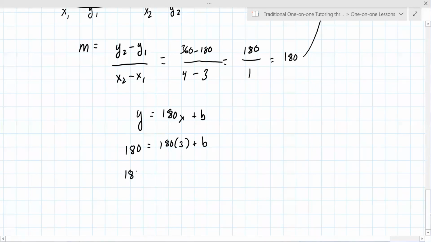So we have 180 equals 540 plus b. Subtract 540 from both sides. So what does b equal? What is 180 minus 540?